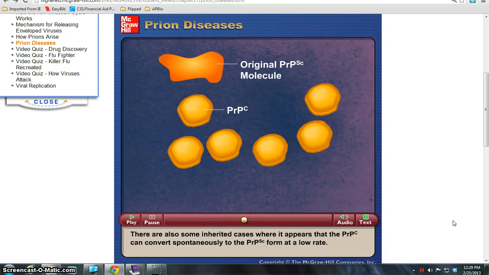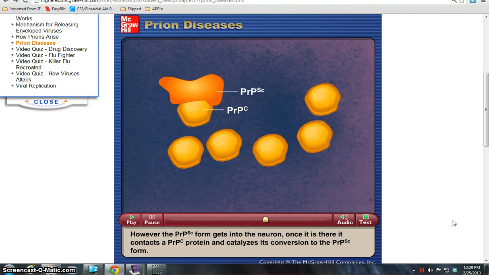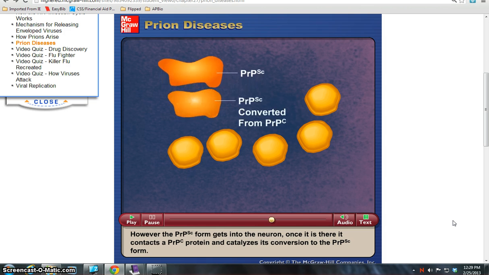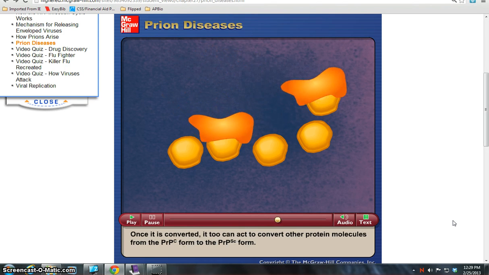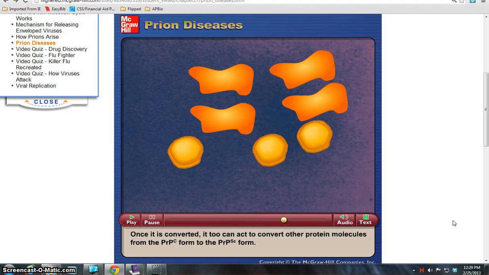There are also some inherited cases where it appears that the PrPC can convert spontaneously to the PrPSc form at a low rate. However the PrPSc form gets into the neuron. Once it is there, it contacts a PrPC protein and catalyzes its conversion to the PrPSc form. Once it is converted, it too can act to convert other protein molecules from the PrPC form to the PrPSc form.